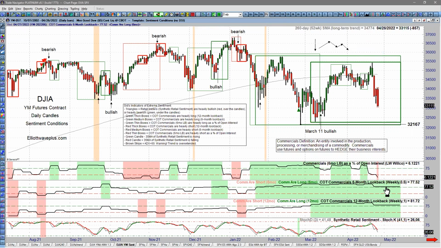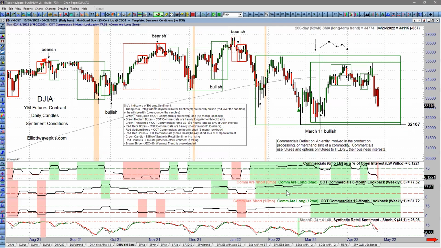And if they're over 75 on this chart and/or under 25, I have it automatically put some colors on the chart. So if the commercials are positioned bullishly in the short term, you'll see green up here in this upper indicator.